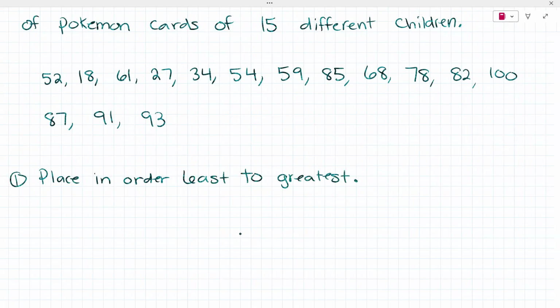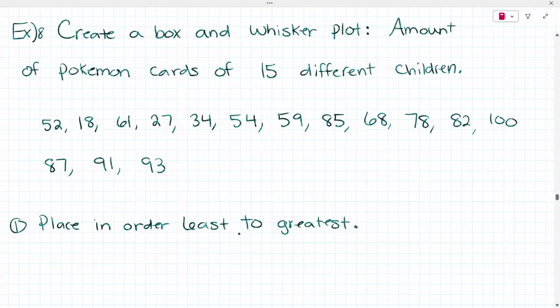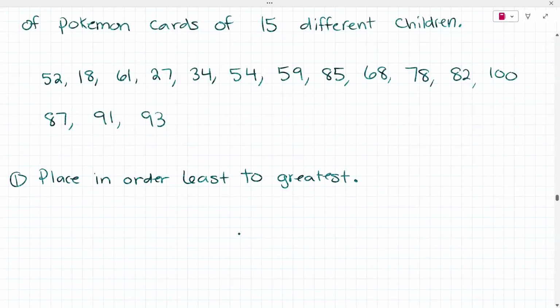Okay, so that's what I'm going to do. It's not in order this time. So what is my smallest number? I think it's, okay, 18, 27, 34, 52.